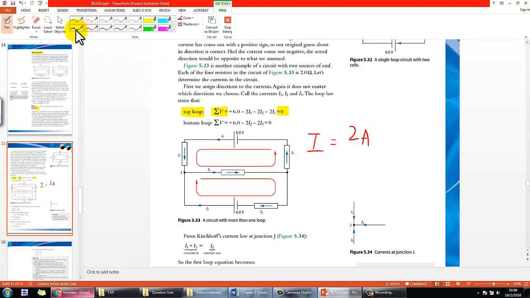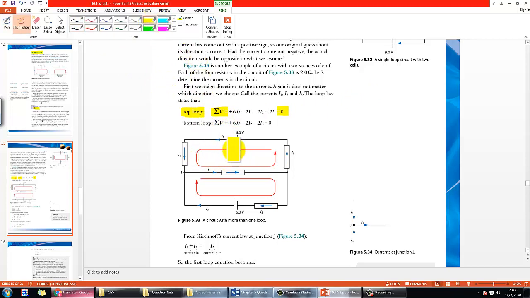If you find the current that you define is negative, then simply reverse the direction of your current to be the actual current. It's like in mechanics: sometimes you find the F is negative 100 Newton, which means you defined it in the opposite direction. So don't worry about your direction as long as you define it and are consistent.